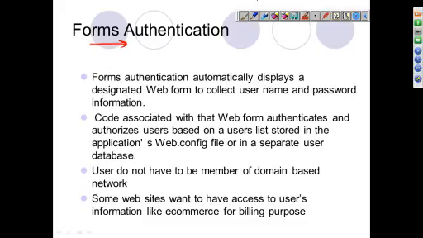In forms authentication, the user will get a form to collect the username and password. Then you will have to write the code which will authenticate this username and password from the database or data source wherever it is stored. And then if the user is authenticated, they will get access to the resource.